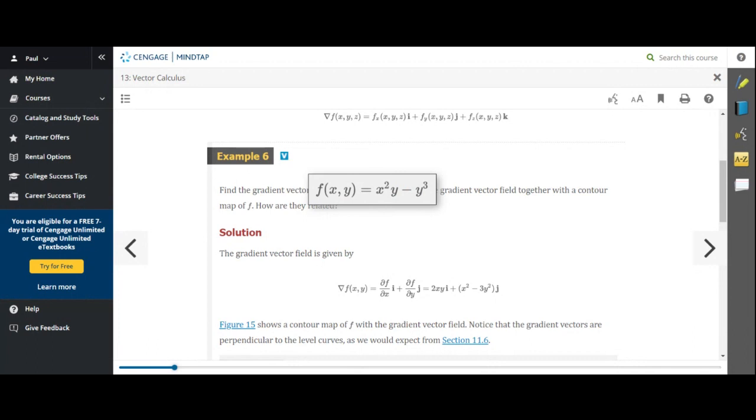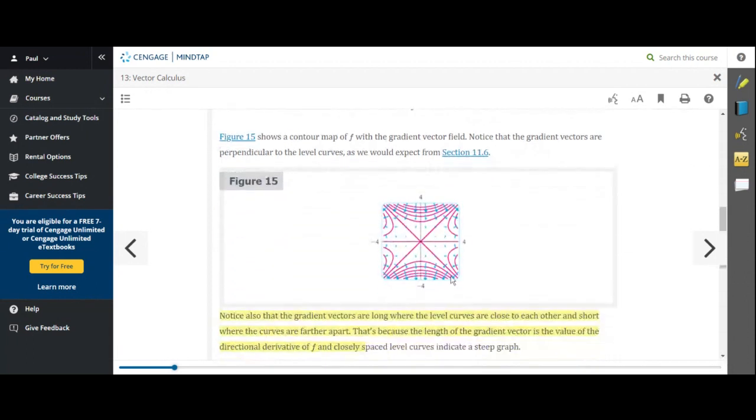So what they do is they draw some level curves of the function of this surface, and they overlap the level curves with gradient vectors. Notice that the gradient vectors are perpendicular to the level curves.